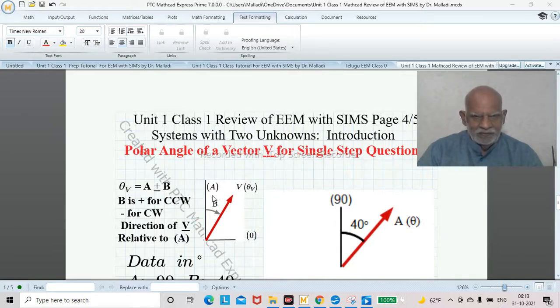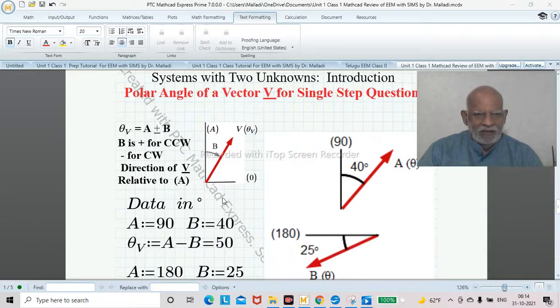A is the absolute value of the polar angle of the reference or relative axis here, and then b is the absolute value of the angle from there. All right. So theta v is the polar angle of the given vector. So you can use theta v equal to a plus or minus b depending upon the direction.